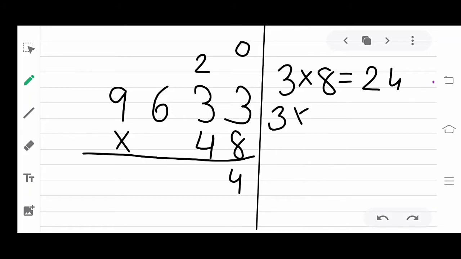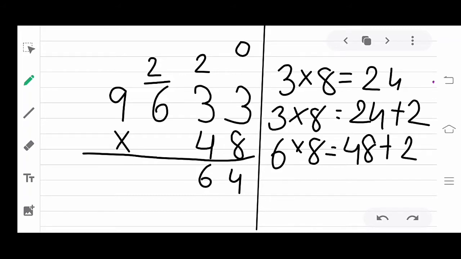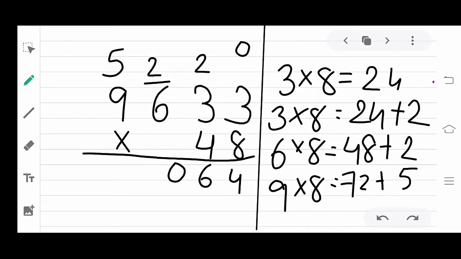Next, 3 into 8 is equal to 24, but here plus 2, so the answer is 26. Next, 6 into 8, 48 plus 2, 50, so 0 and 5. Next, 9 into 8, 72 plus 5. So the final answer is 77.